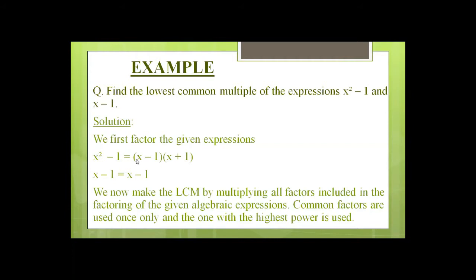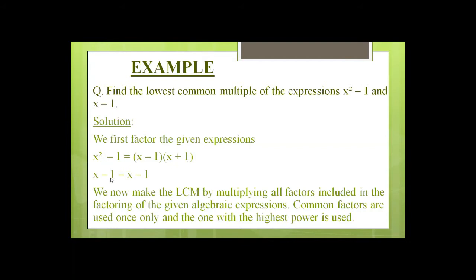So this becomes a square minus b square. 1's square remains 1, so here a is x and b is 1. It becomes a minus b, that is x minus 1, and a plus b, that is x plus 1. So the factorized form of x square minus 1 is x minus 1 and x plus 1.